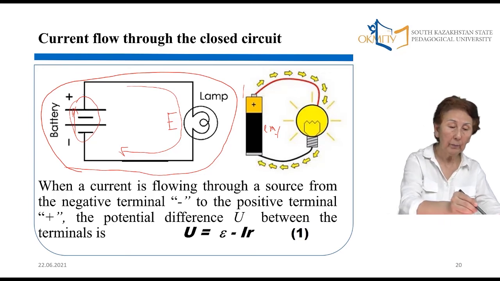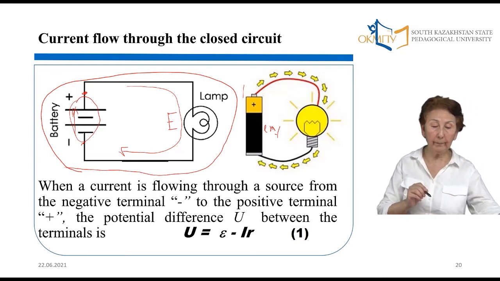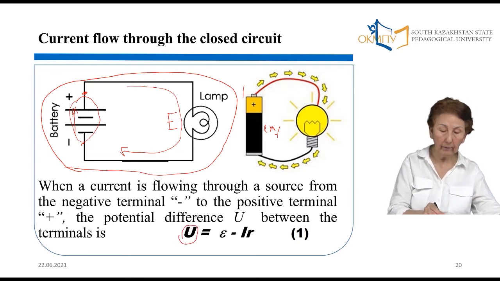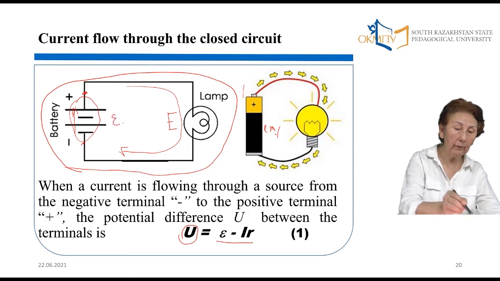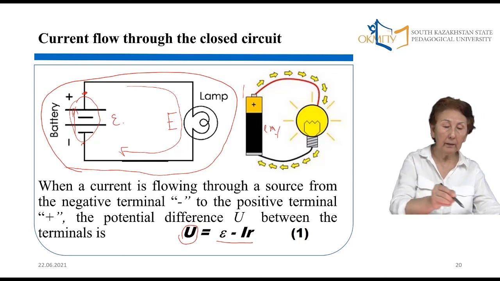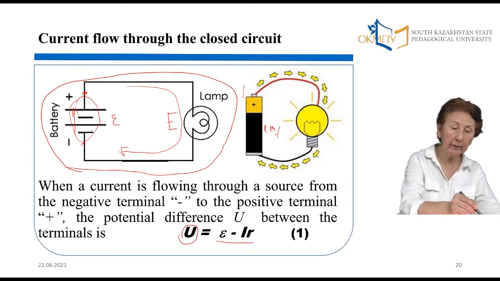So here, between the terminals of the battery, the voltage is equal to U, and it is equal to the electromotive force minus the potential drop inside this battery.